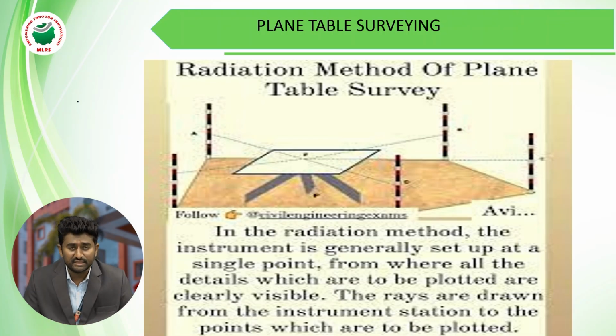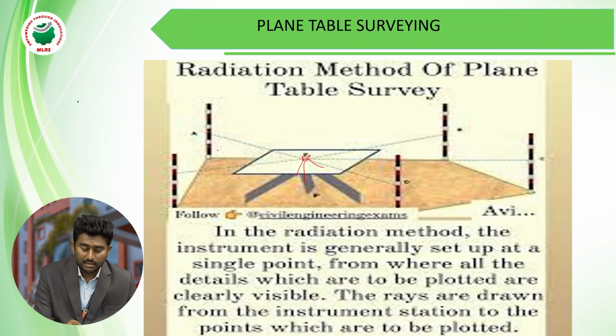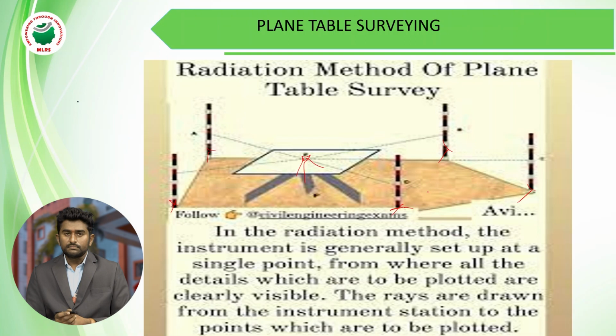In the radiation method, we can fix the irregular shaped boundary of the land and find out its area. To fix the center point of the land, fix the instrument, and you can fix the surrounding points with the help of ranging rods. Note the dimensions at a small scale, simultaneously representing them graphically on the drawing sheet.